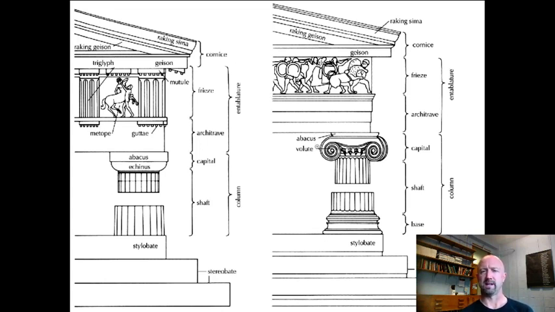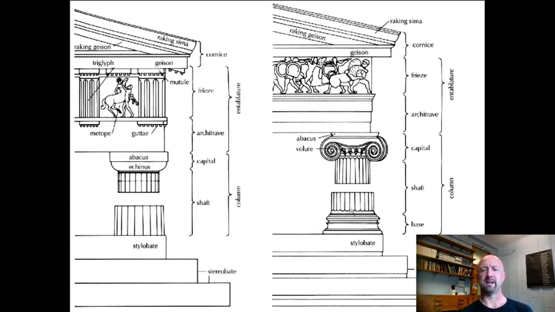If we turn to the right-hand side now, what you see is an example of an Ionic temple. And rather than going through all of the component parts again, let's just note what some of the differences are. Number one, an Ionic temple has as its capital these very characteristic scroll shapes, or what are known as volutes. And they go on all 4 sides of the capital.